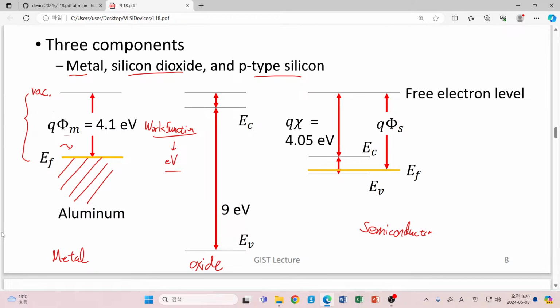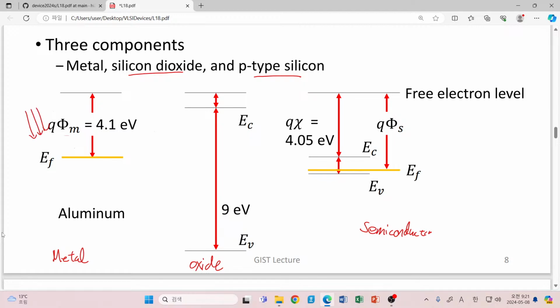So for the photoelectric effect, here we send a photon, not an electron, and this photon is absorbed by this electron located here, and it gains energy and goes to this so-called vacuum level.